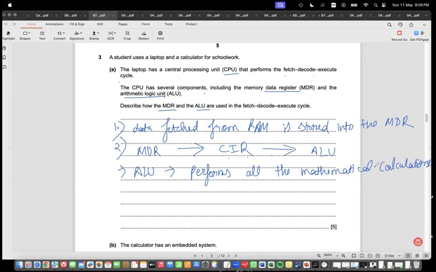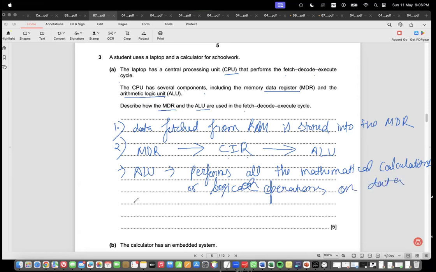Logical operation means greater than, lesser than, all the operations which will give the answer true or false on the data.